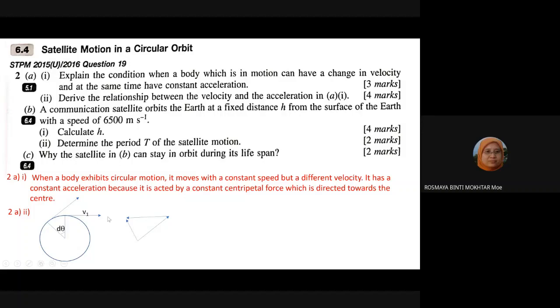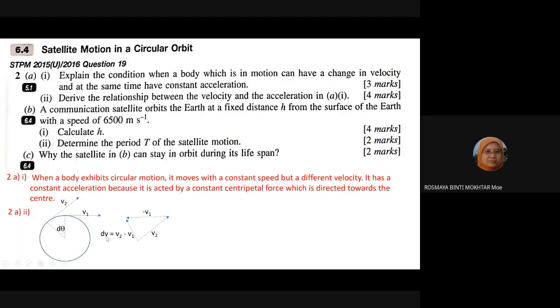Okay, so let's substitute the value. This is V1, and this is V2, the final position. So this is negative V1, this is V2. When you use the vector diagram, the sum of the vectors, V2 minus V1, will give you the change in velocity, which is dV.